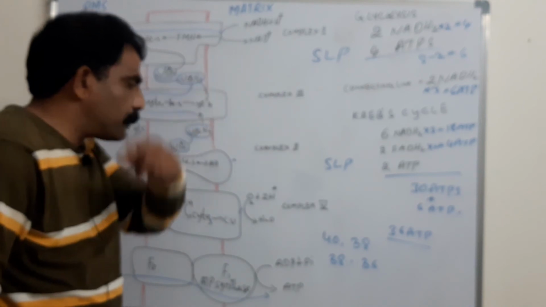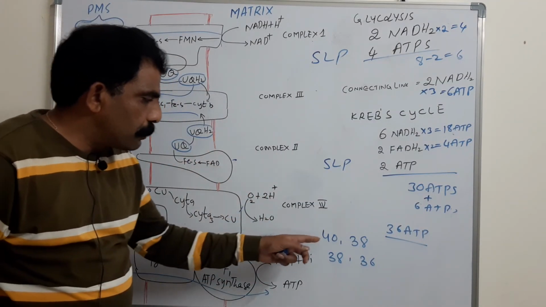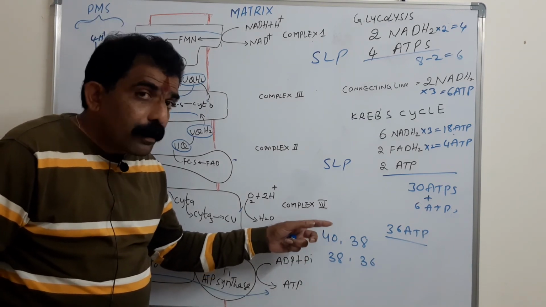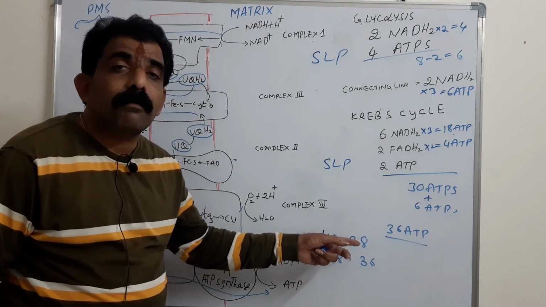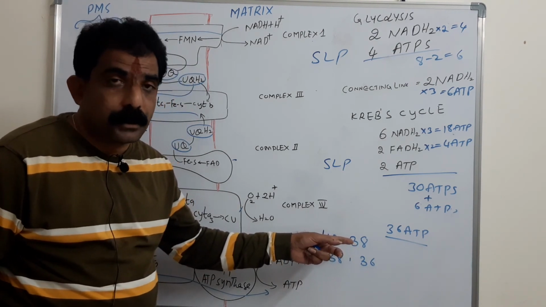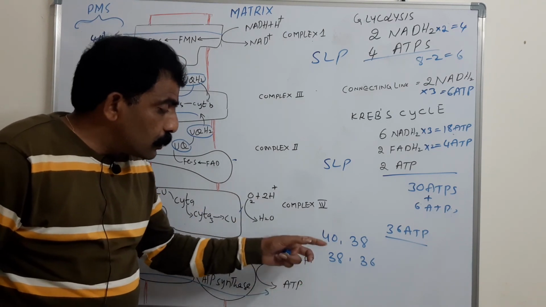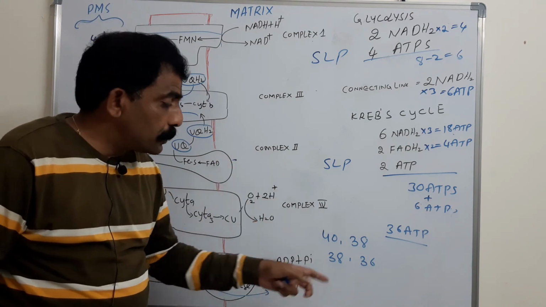If it is the malate aspartate shuttle, the total number of ATPs produced in aerobic respiration is 40. Number of consumed ATPs is 2, so 40 minus 2, 38 is the net gain of ATPs in the case of the malate aspartate shuttle. In the case of the glycerol phosphate shuttle, the total number of ATPs produced in aerobic respiration is 38.